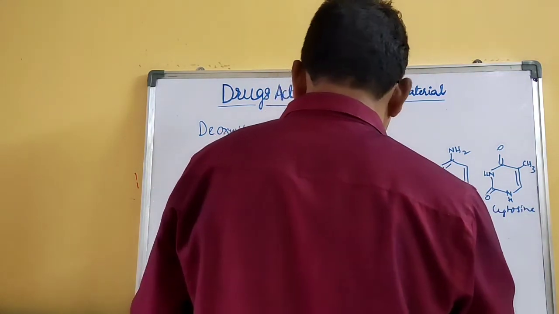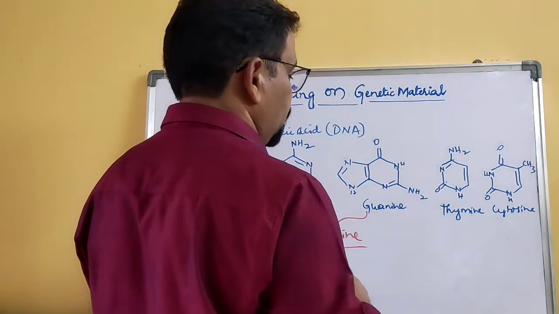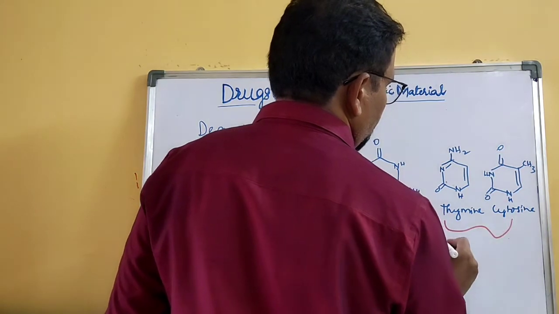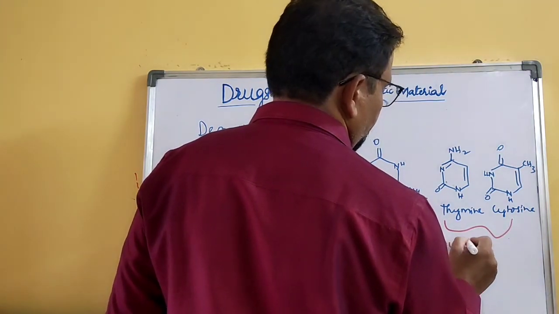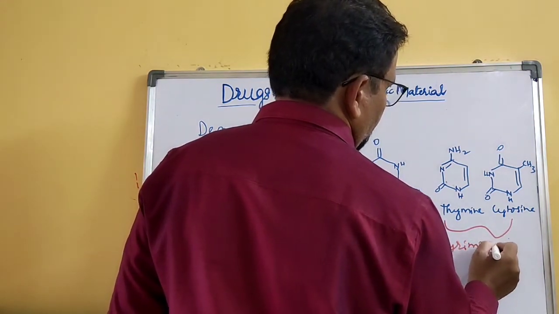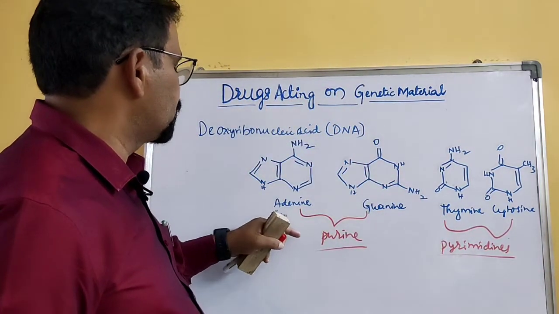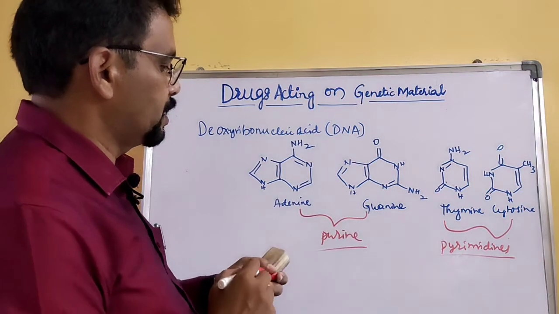Both can be considered together as pyrimidines. So these two bases are considered purines and these two bases are considered pyrimidines.